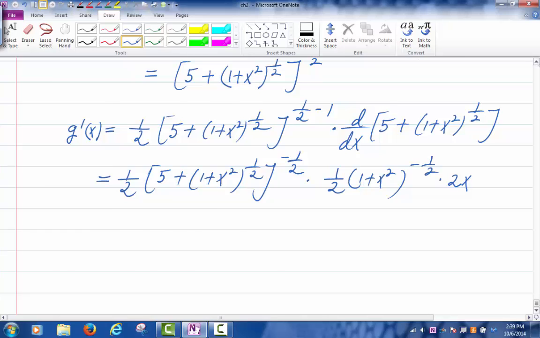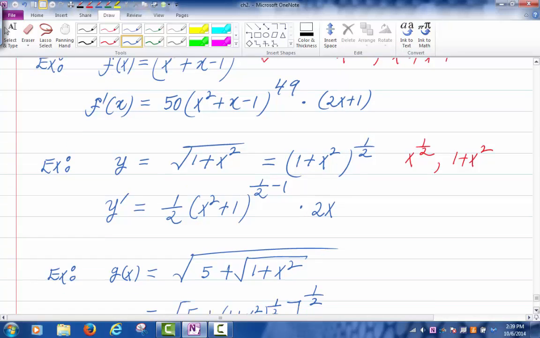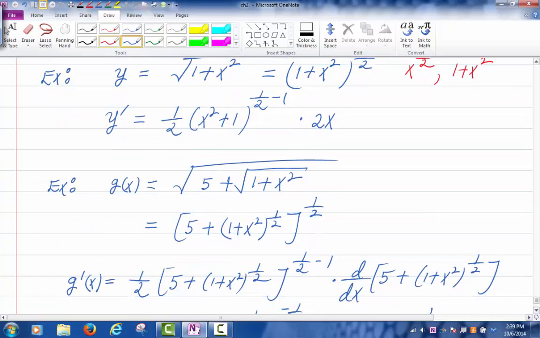So basically, this function that I have here is the composition of three functions, okay? First of all, you have this function x to the half, and then you have 5 plus x to the half, and then you have the function 1 plus x squared.